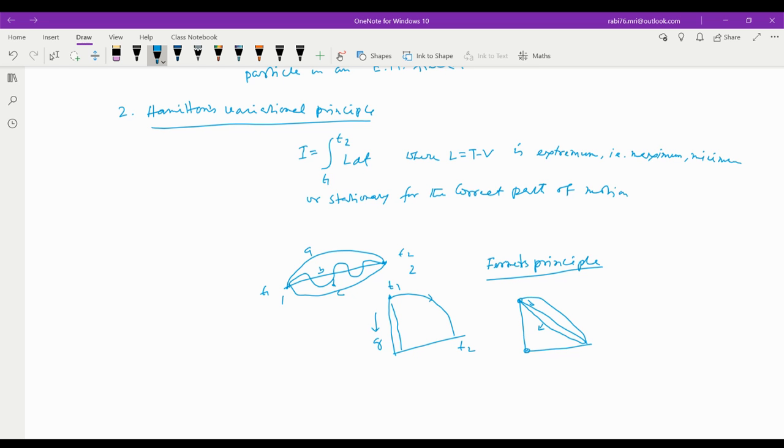So the particle will attain faster velocities first, and then it will move with greater velocity. But in this other path, it will move with less velocity. Its average velocity will be small, while here the average velocity will be greater. Here, the particle velocity will be constantly increasing.